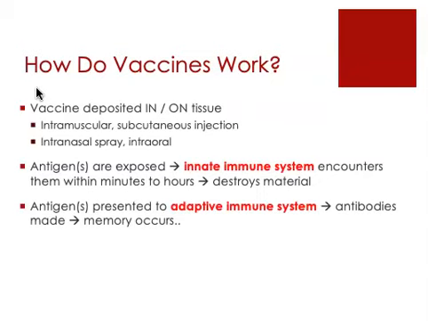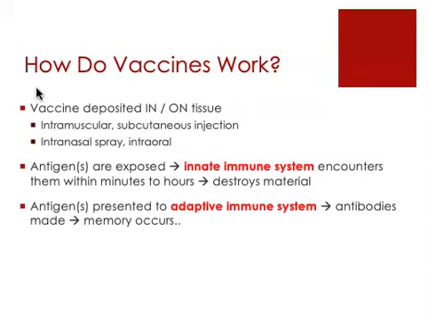Cells of the innate immune system are going to present the antigen to cells that belong to the adaptive immune system. And it's those other cells that are responsible for producing antibodies and for activating immune memory.